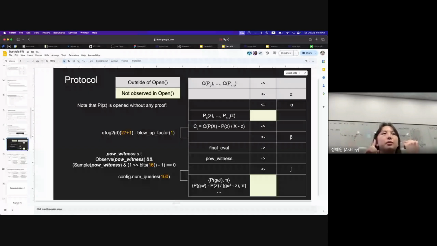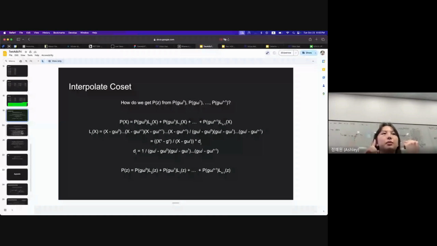What about showing how to evaluate P of C based on the domain, because in the protocol... In any case, we need to compute P of C based on P over some domain, and it would be nice to show how to compute P of C using this.